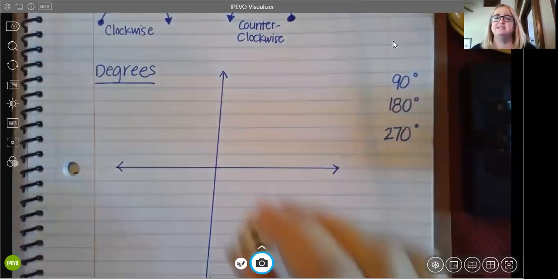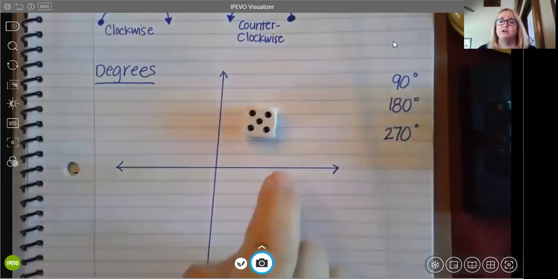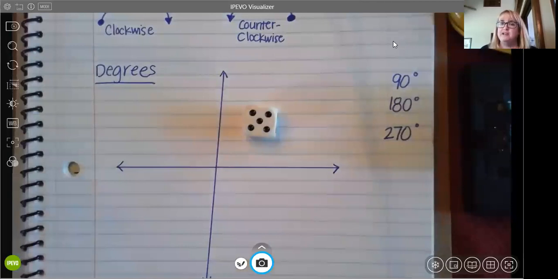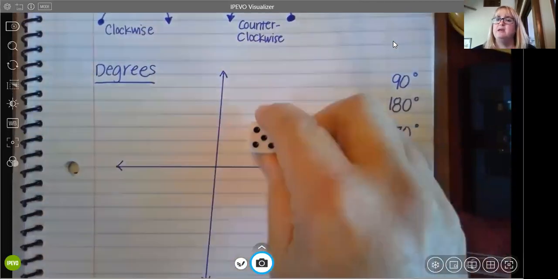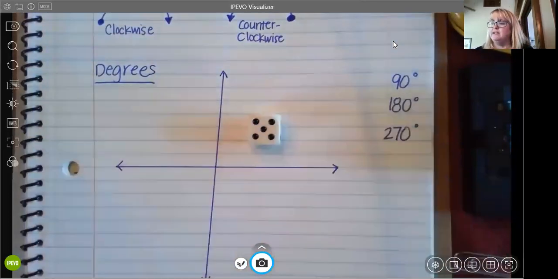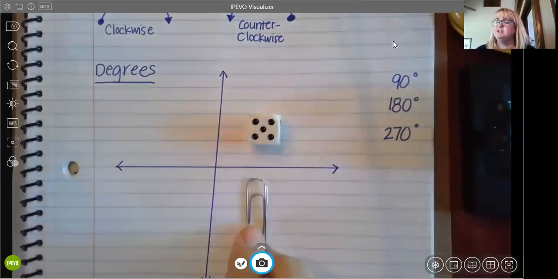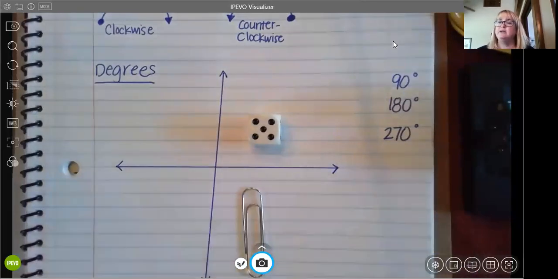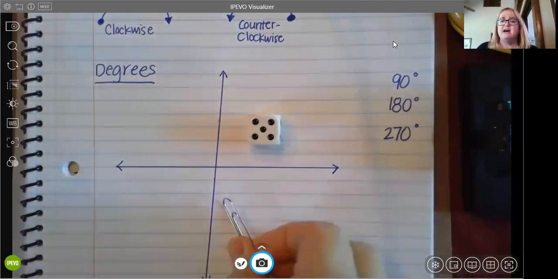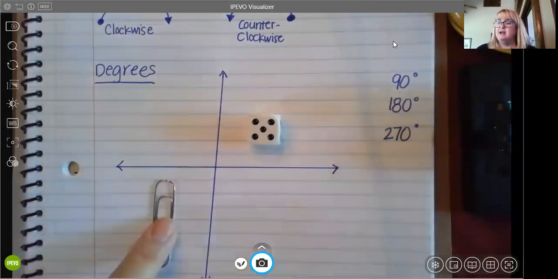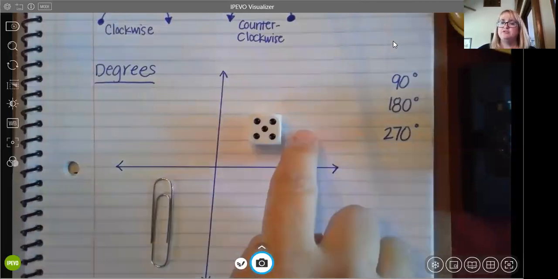Let's say I've got this die and it is in this first quadrant. If I want to move it clockwise, it's going to be going in this direction. That's a clockwise movement. If I'm moving it clockwise 90 degrees, it will move into this quadrant next to it. Each quadrant is 90 degrees.